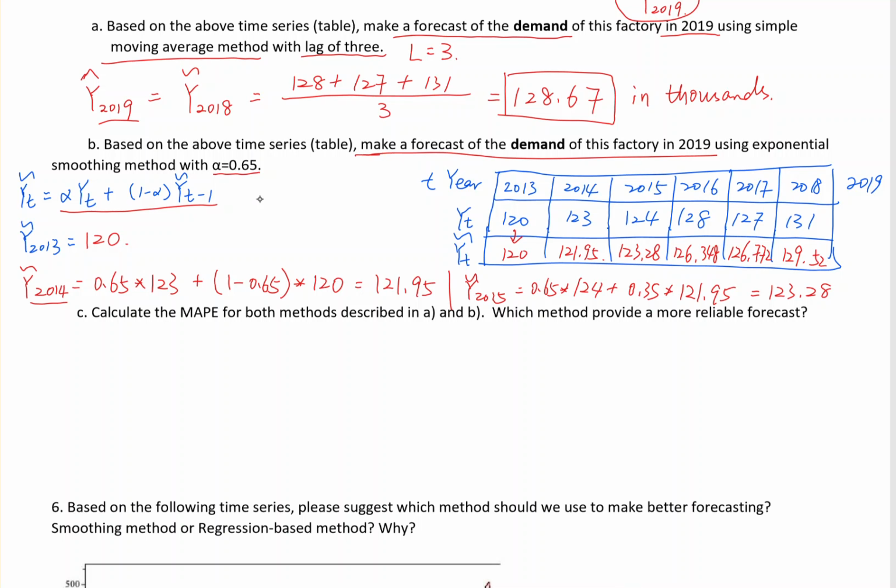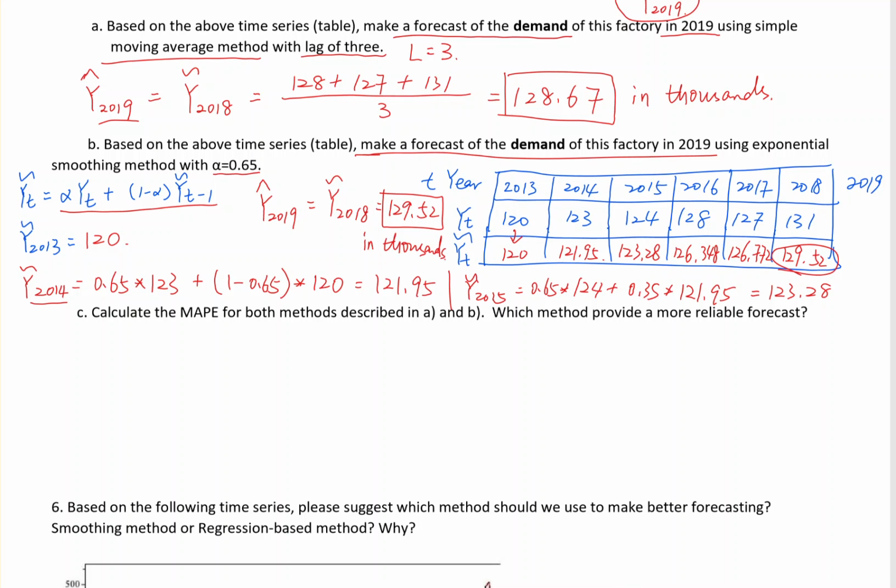Our question is to get the predicted value for 2019, and we said it is just the estimated value of the previous year, which is just here, 129.52. This is in thousands, so the demand will be this much.